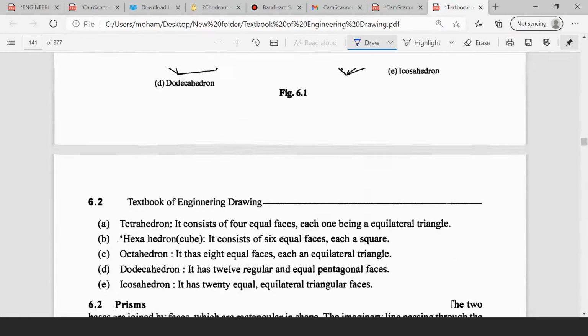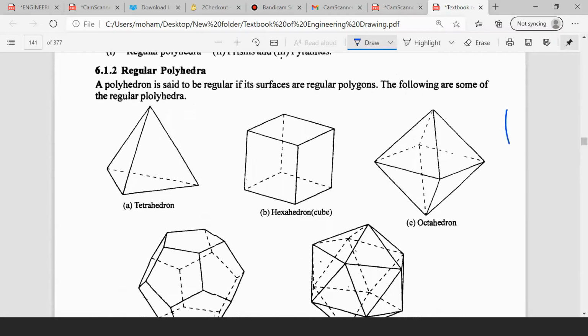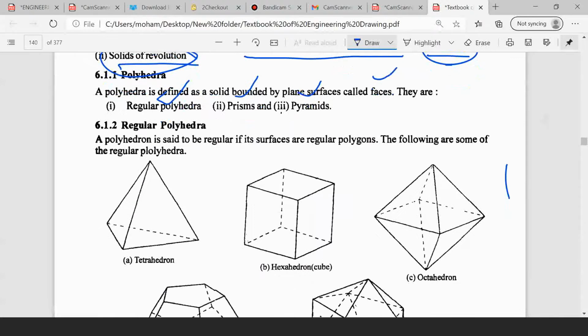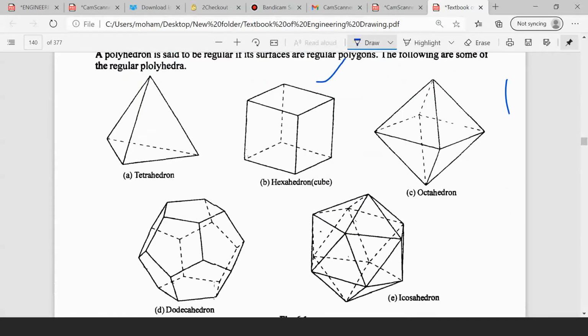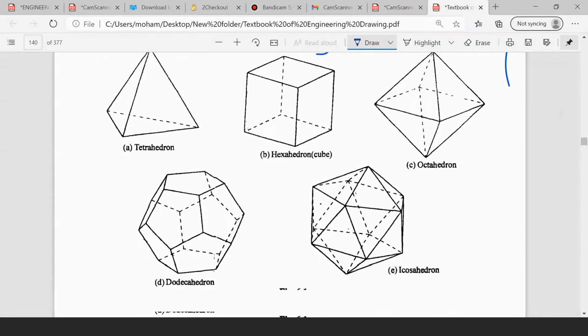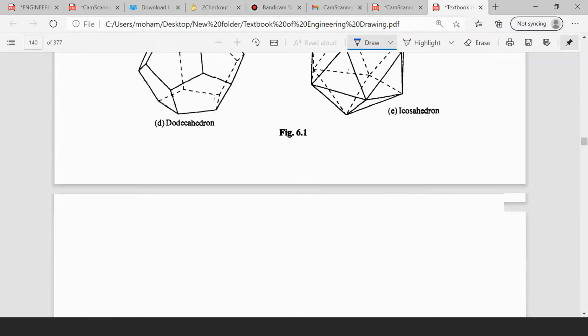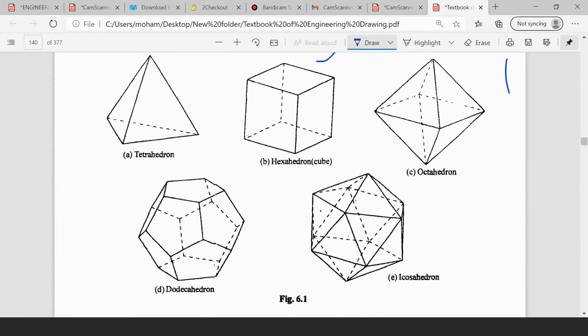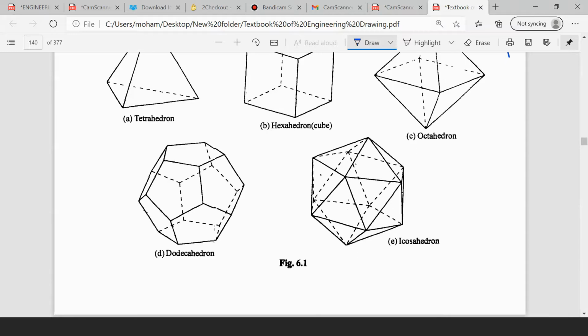But here in the syllabus, we have only prisms and pyramids, and we'll draw the cube. We don't have the octahedron and dodecahedron, we cannot draw those. The tetrahedron we can also draw. So we have simple figures like the hexahedron, that is the cube, and the tetrahedron.